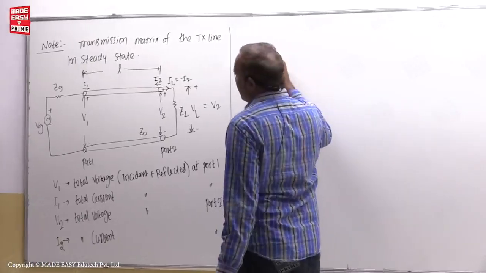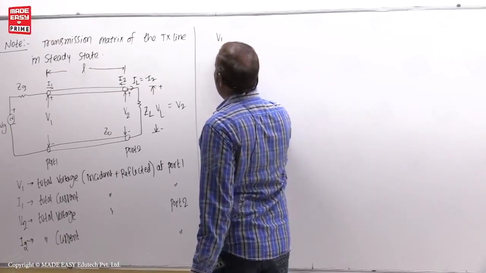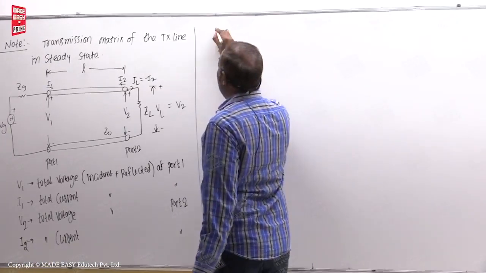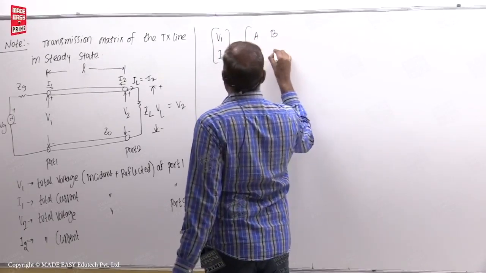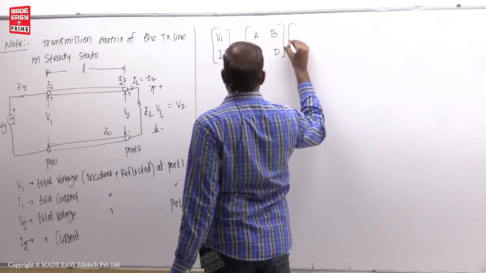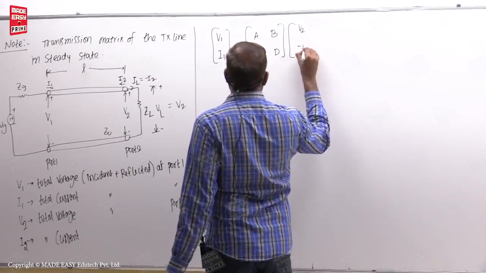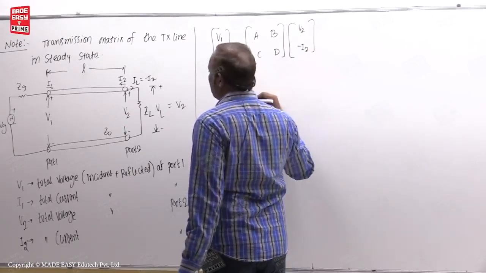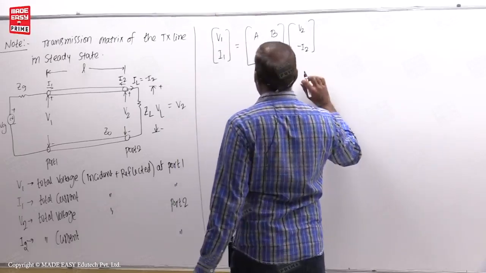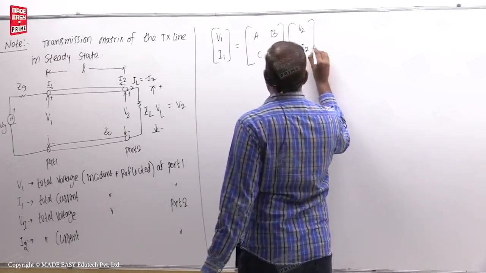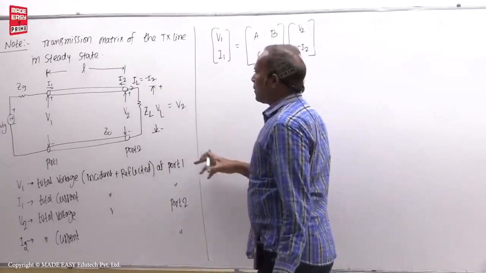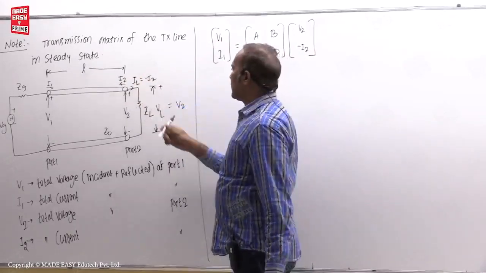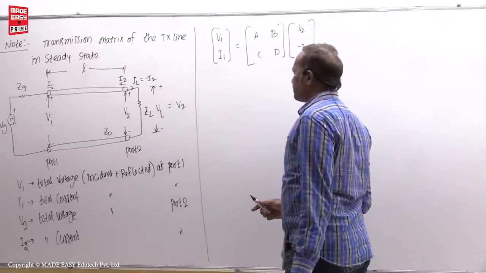Now you know that V1, I1 is equal to the ABCD transmission matrix times V2, minus I2. They give V2, I2 like this, but they write here minus I2. So that minus I2 is nothing but IL only.